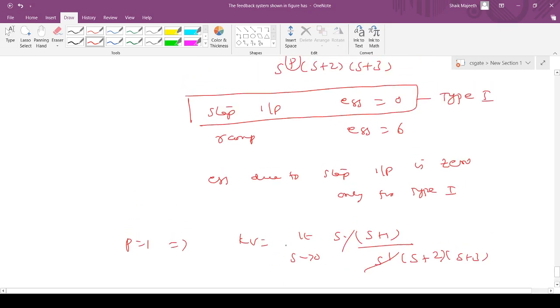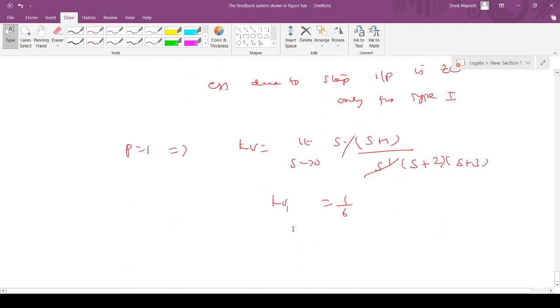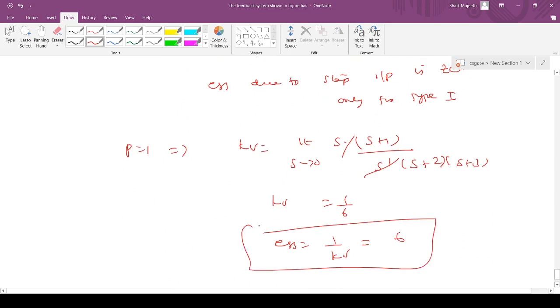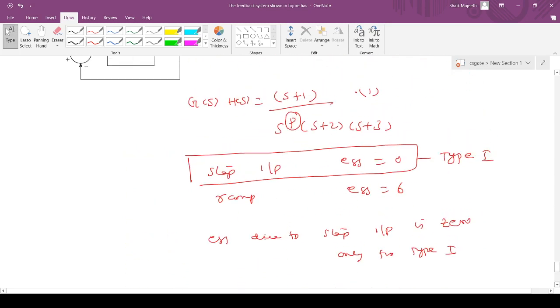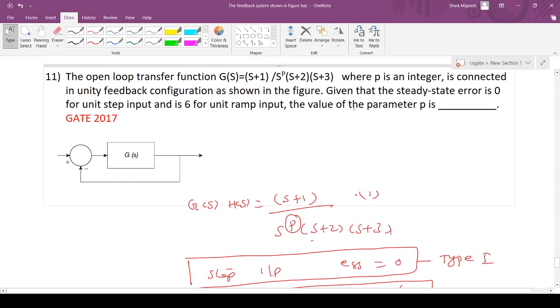So when p is equal to 1, this is 1 by 6. What is the error? Error is 1 by Kv. So it is 6. So when p is equal to 1, velocity error due to ramp is 6. So I come to the conclusion that p must be equal to 1. When p is equal to 1, step input error is 0, ramp input error is 6. So the value of p is 1.